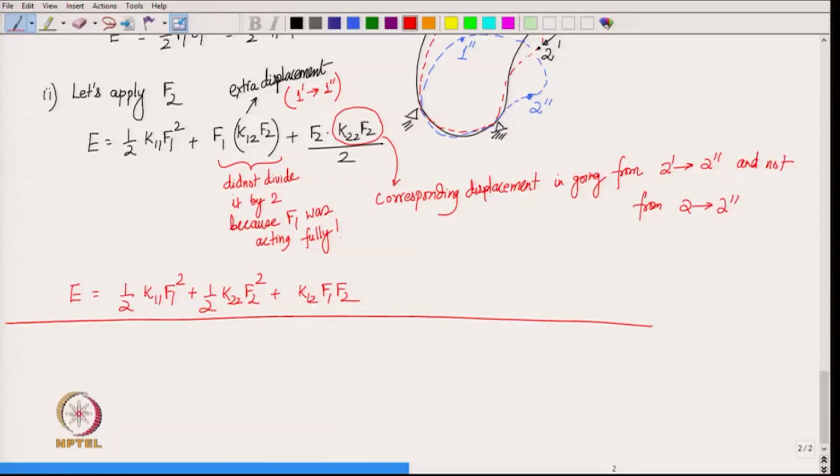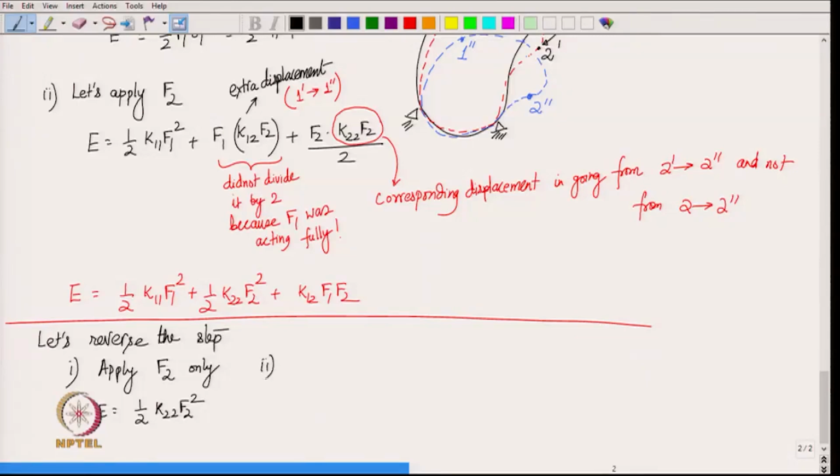So, we will say let us reverse the step. So, step 1, apply F2 only, then what is the energy stored? That is nothing but half of K22 into F2 square, correct.